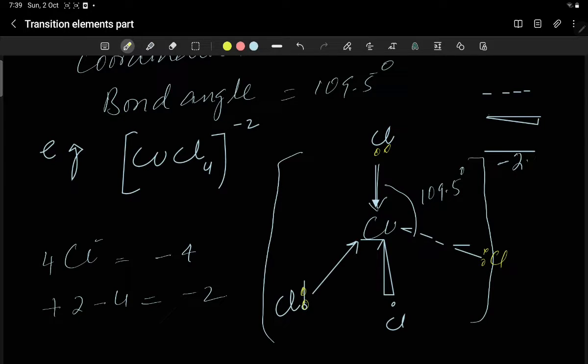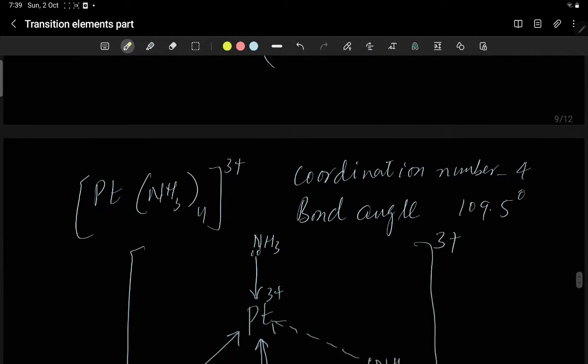Because copper carries plus 2 and four chloride ions carry minus 4. So plus 2 and total minus 4 gives an overall charge of minus 2. In this way the overall complex charge is minus 2.